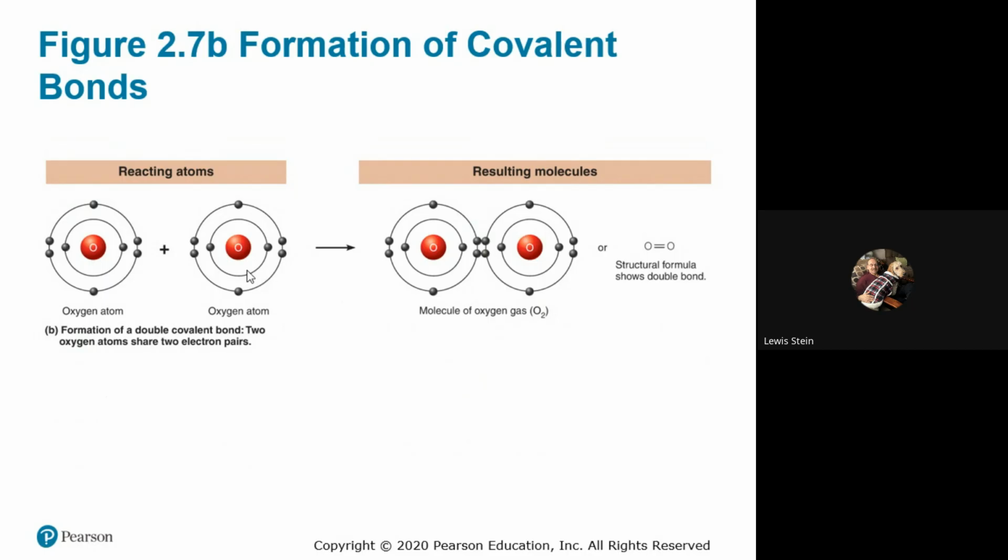I do 2 dots here, 2 dots here, a dot here, and a dot here. Those guys kind of come closer together. And it's almost as though they have 2 dots over here, and they bond with another oxygen that's +8. There are dots here, and 2 dots here, and voila, you have a double bond. So that's where O2 comes from.